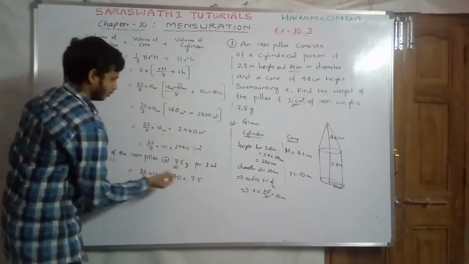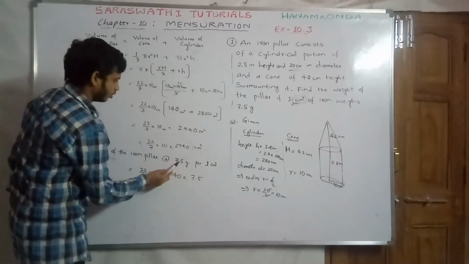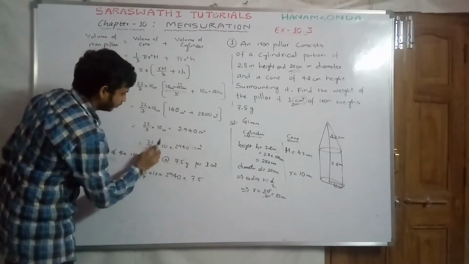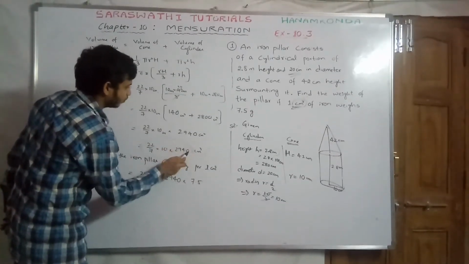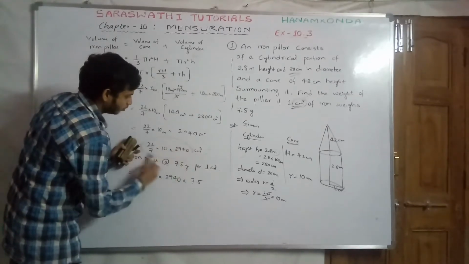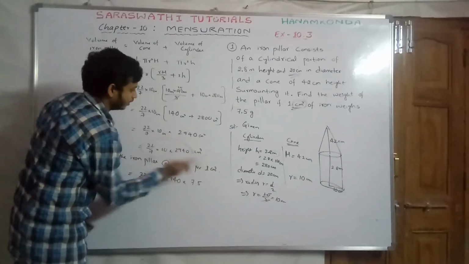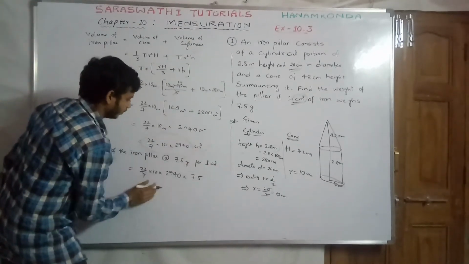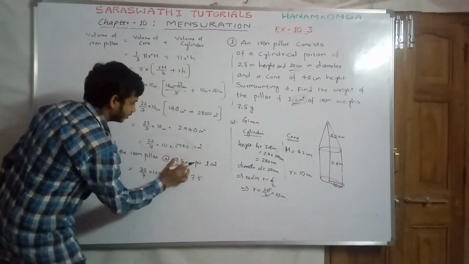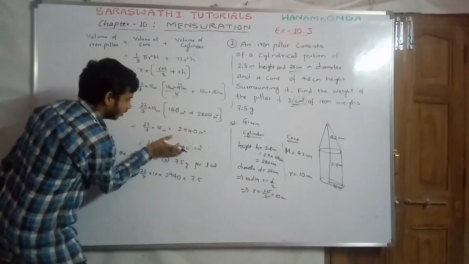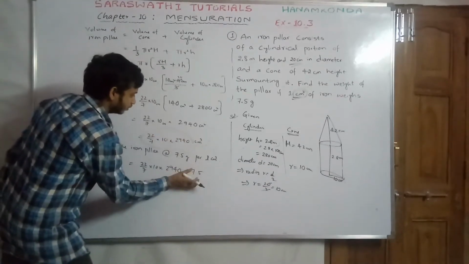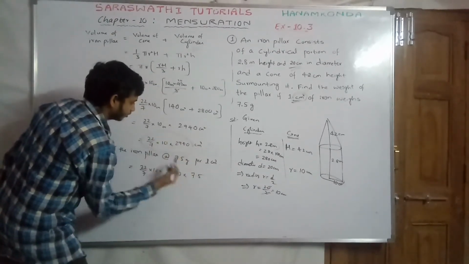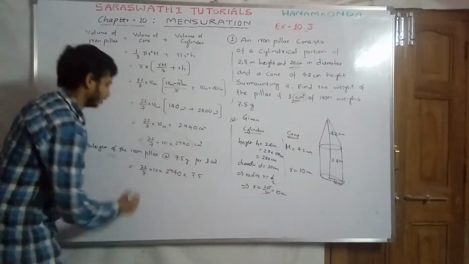Okay, so 1 cubic centimeter weighs 7.5 grams. So we have obtained 22 by 7 into 10 into 2940 cubic centimeters. This amount of volume weighs how many grams we have to find. So 1 cubic centimeter weighs 7.5 grams, so for this amount we have to multiply by 7.5.